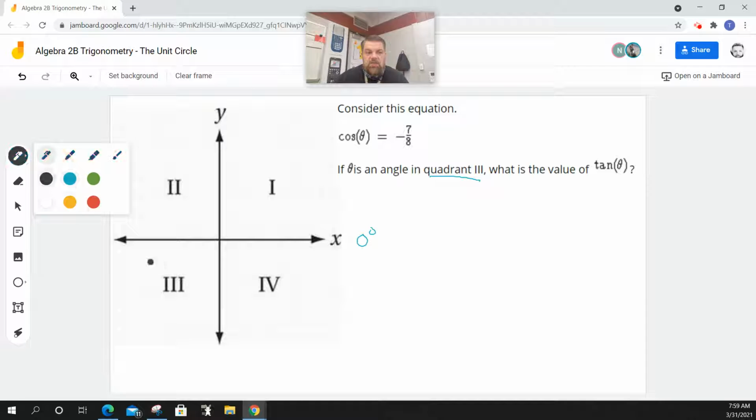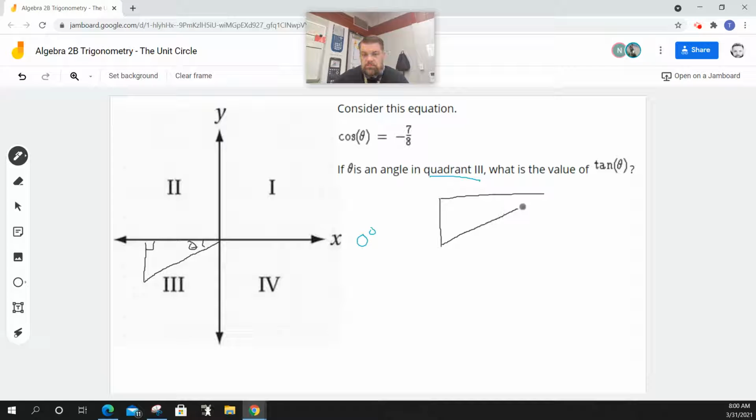So that means my reference angle is going to be like here. Or this is my right triangle, and this is the angle theta. If I pull that out of the quadrant, I'm going to have something that looks like this.